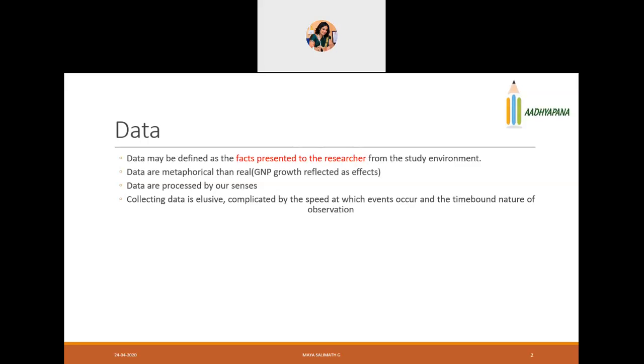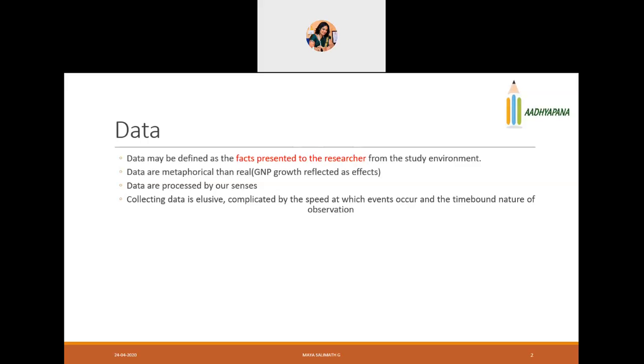Data are always figurative in nature, that will always give you a true picture. And data is processed usually by our senses. When we are establishing or stating the hypothesis, we always think that, as we have seen, as we have understood, and as we have sensed in the society, this hypothesis is correct.